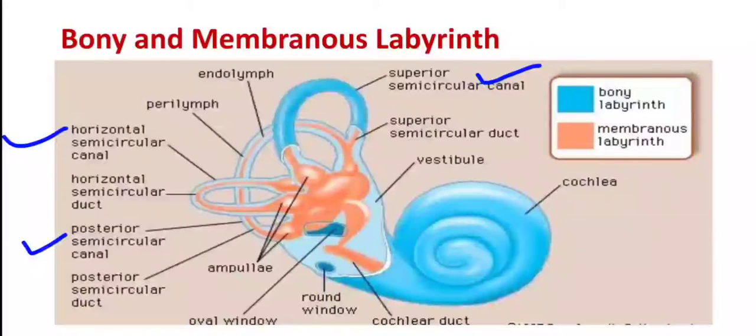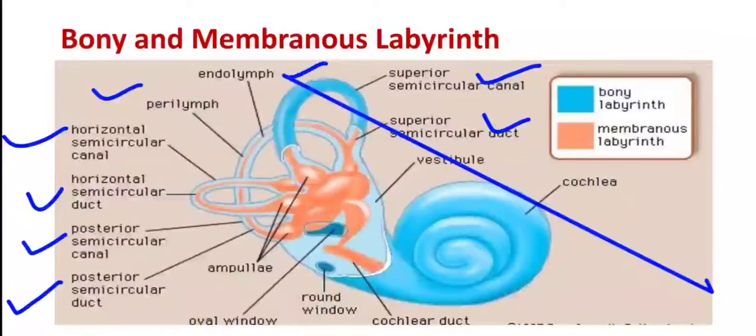And inside these canals there are ducts: superior semicircular duct, horizontal semicircular duct inside the horizontal canal, and posterior semicircular duct in the posterior semicircular canal. The bony part has a fluid known as perilymph, whereas membranous labyrinth has a fluid known as endolymph.